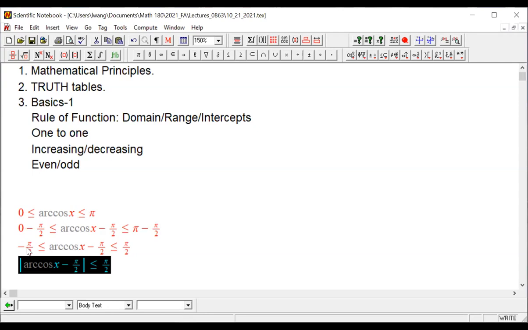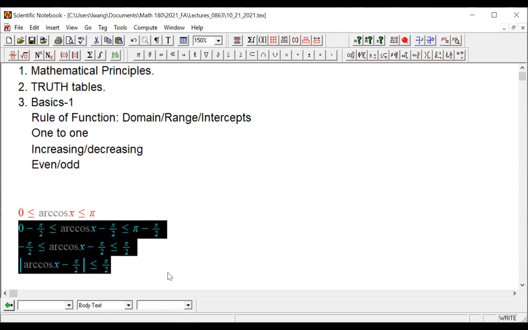Manipulation like this is expected of your professors, but in reality, we know that's already very hard for most of you.